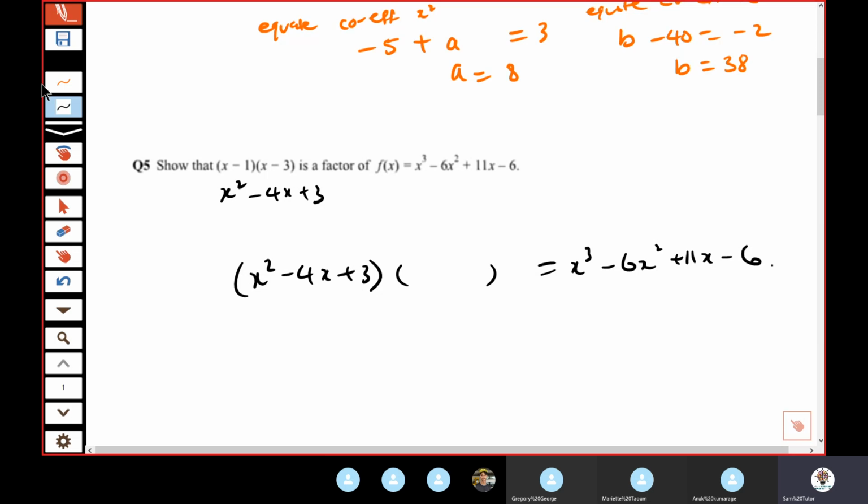Obviously, x squared multiplied by what is going to get you x cubed? Straight away, that's just going to be x. Yes? Yeah. And then, of course, when you know that's an x, which means it's a linear now, you know the next one's just going to be a constant, isn't it?